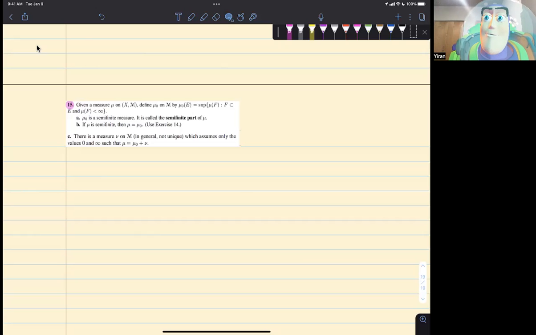Okay, so now we have a collection of disjoint sets, and each element of that collection has finite measure. Why do we need that? Okay, so eventually we do want to show this, right? We want to show this.